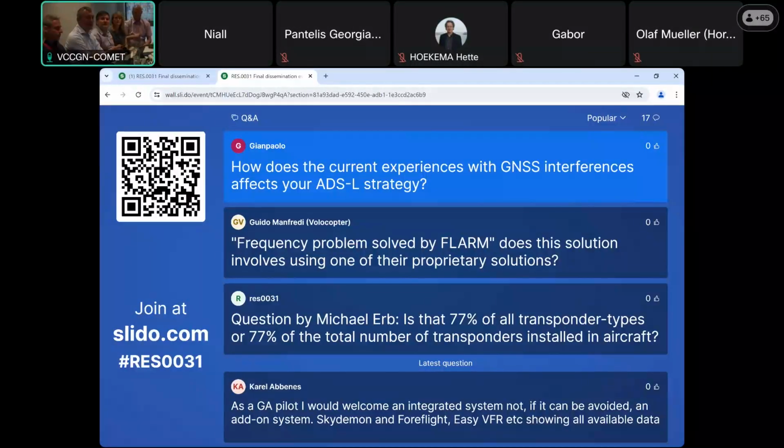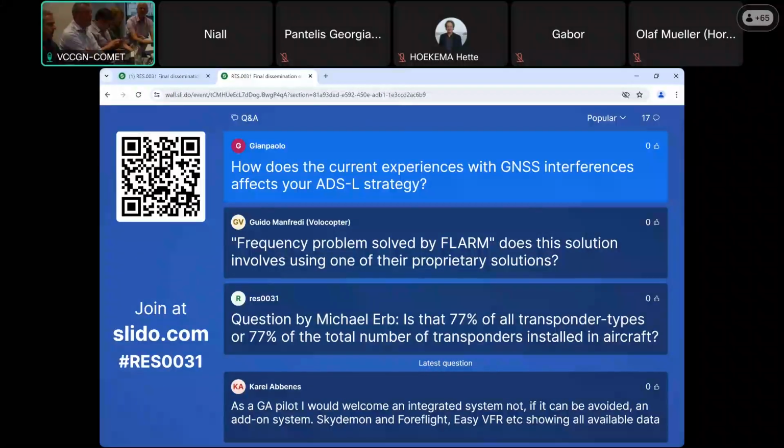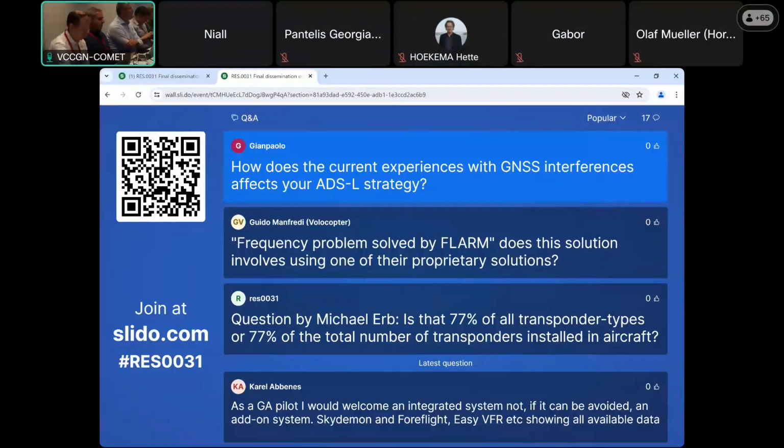And we have to accept the fact that in certain areas this may not work, as today even GNSS navigation does not work, and we don't consider it being a threat in areas where it works.